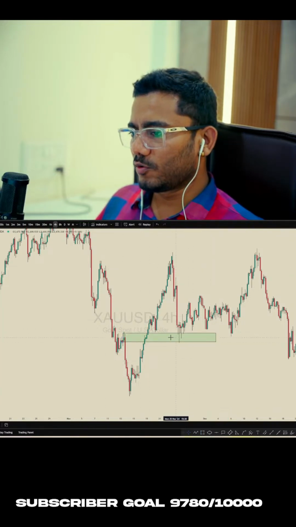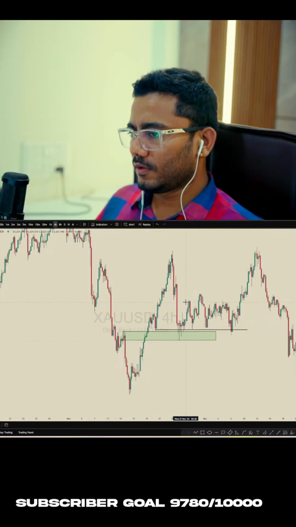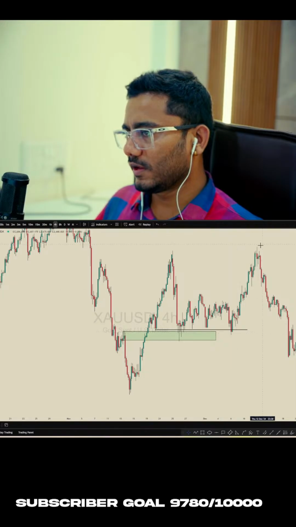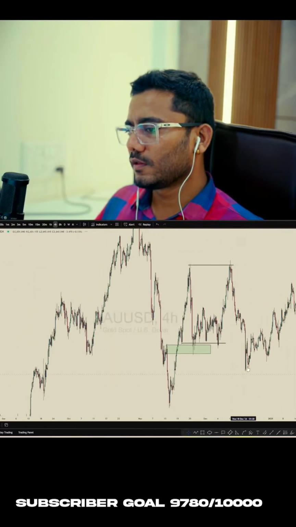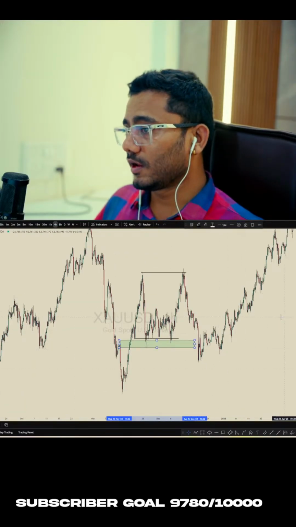Price tapped this breaker block. Price came, gave us a new structure, again new structure, again price retested and then went to the upside and took out this liquidity. So on gold, one zone can be tapped multiple times and still it can go to the upside.